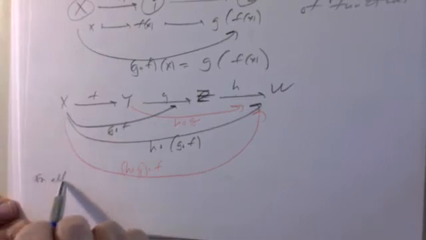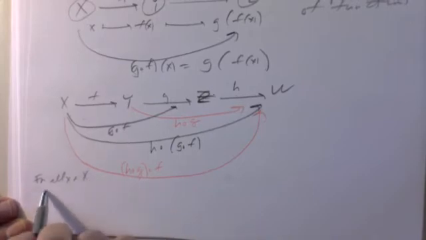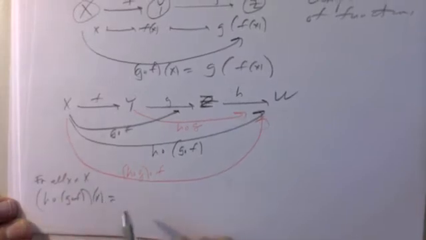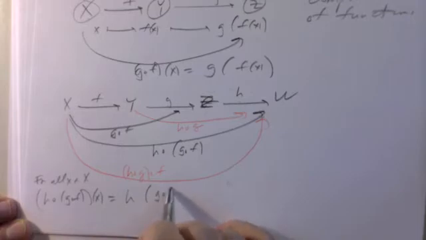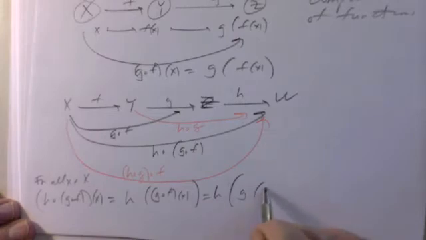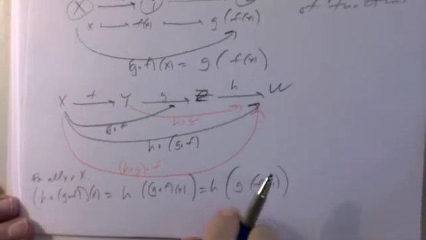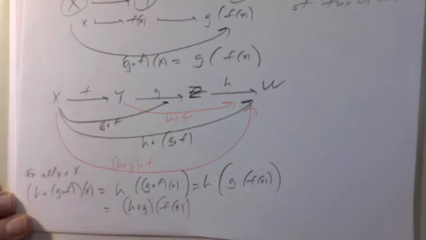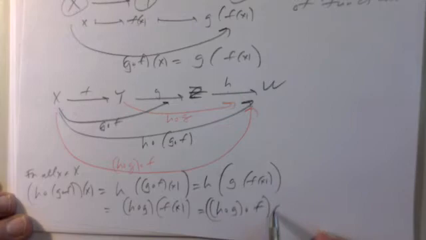And what can we say? For all x in the set x, if I take h composed with g composed with f of x, this means h of g composed with f of x. That's h of g of f of x. But this is exactly h composed with g applied to the element f of x, which is exactly h composed with g composed with f of x.